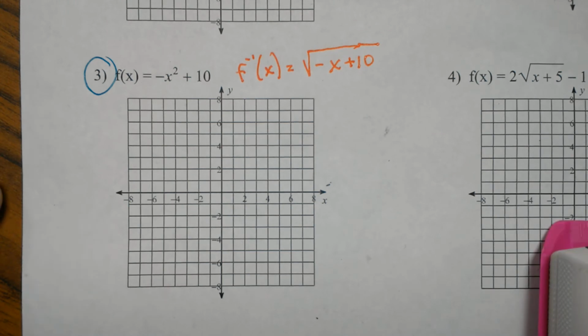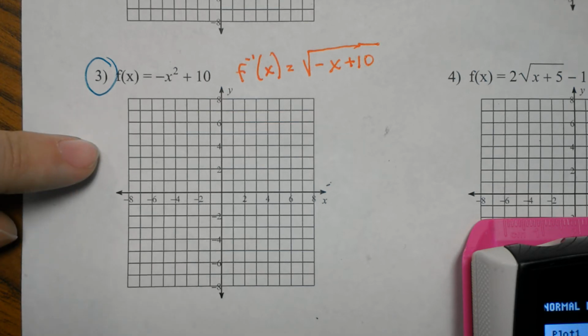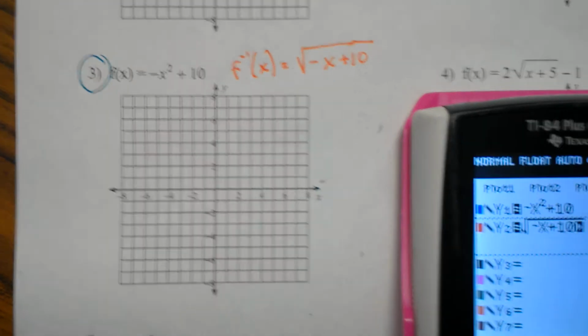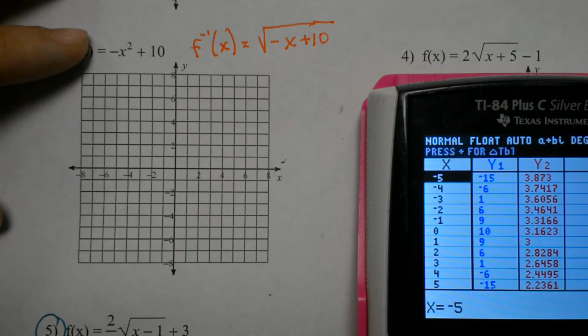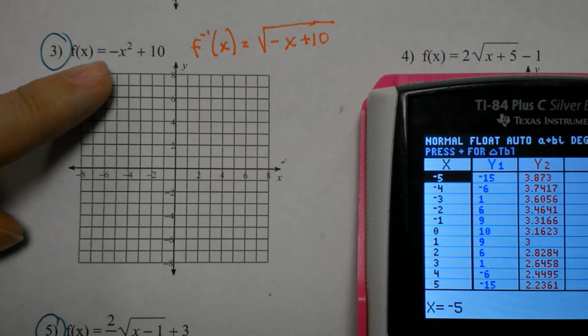So again, I'll find points of those. I'm going to go to the calculator, put them both into y1 and y2. So for the original function, I have plenty of points to choose from.